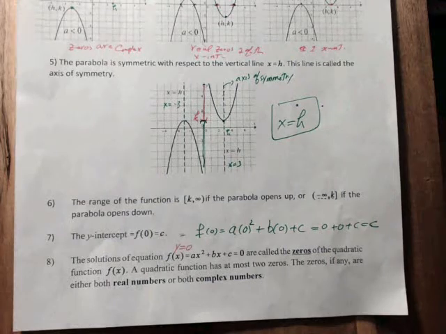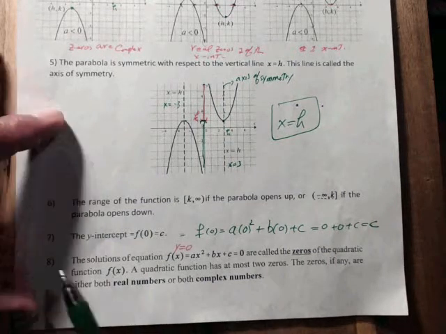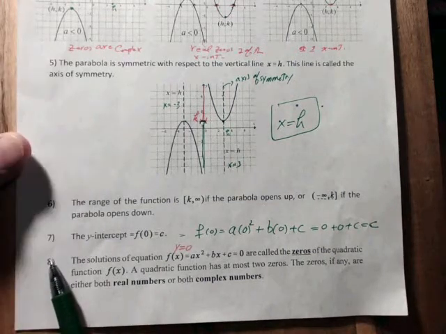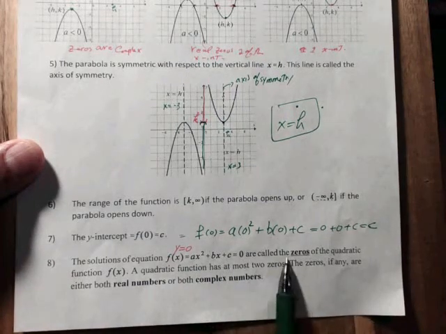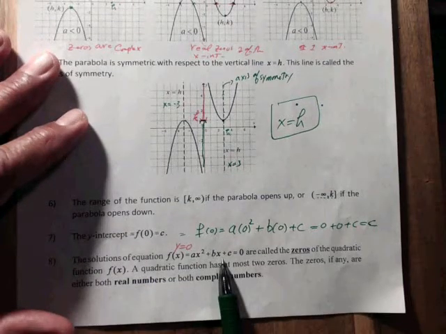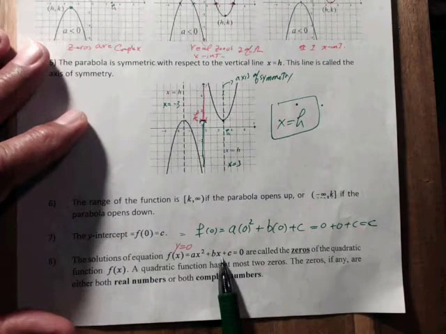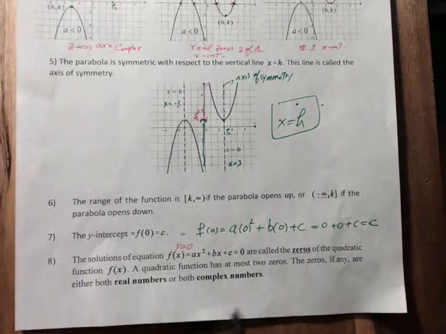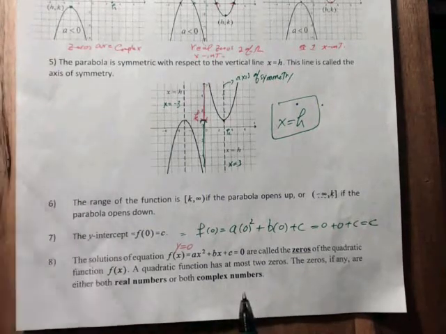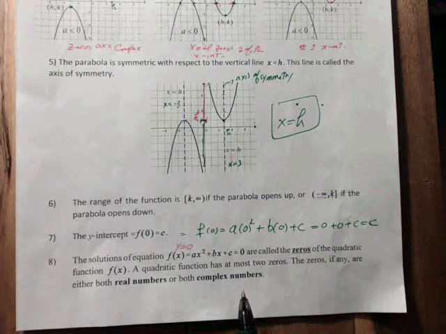Now the next item, number 8, is talking about zeros of quadratic functions. As we discussed before, the zeros of a function in general are the x values for which the y value is 0.